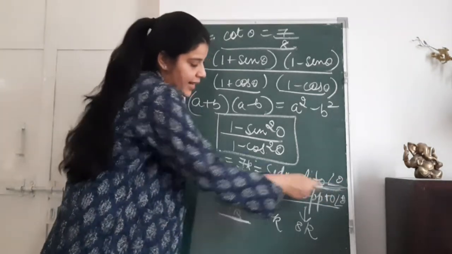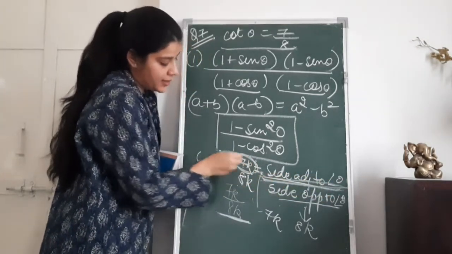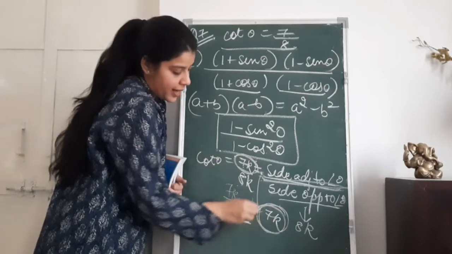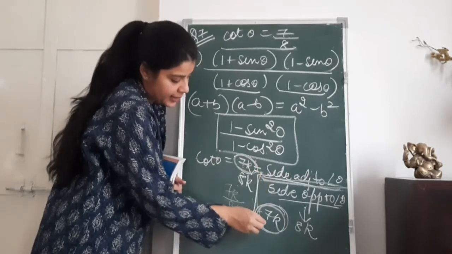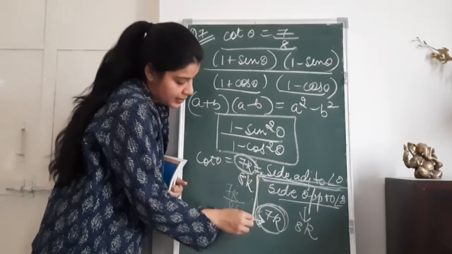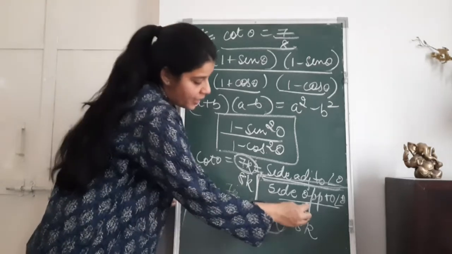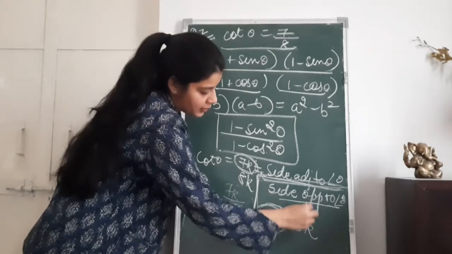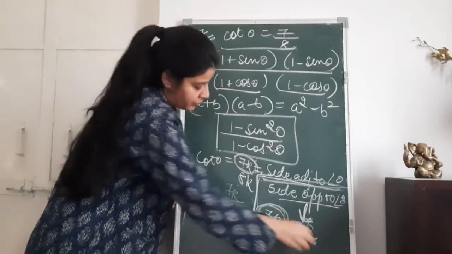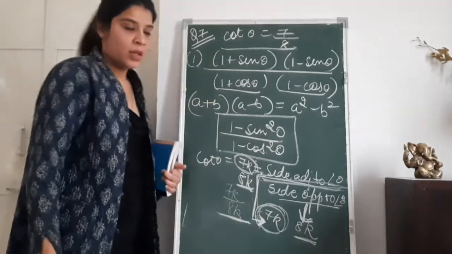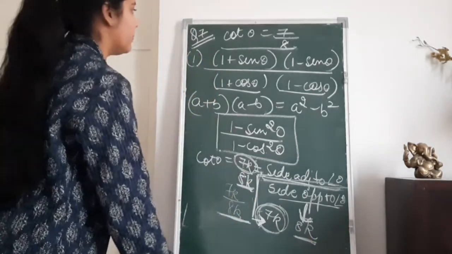Now can I say side adjacent to angle theta is equal to 7k? Right? Side adjacent to angle theta is equal to 7k, and side opposite to angle theta is equal to 8k. Okay, let us draw a triangle using this information.